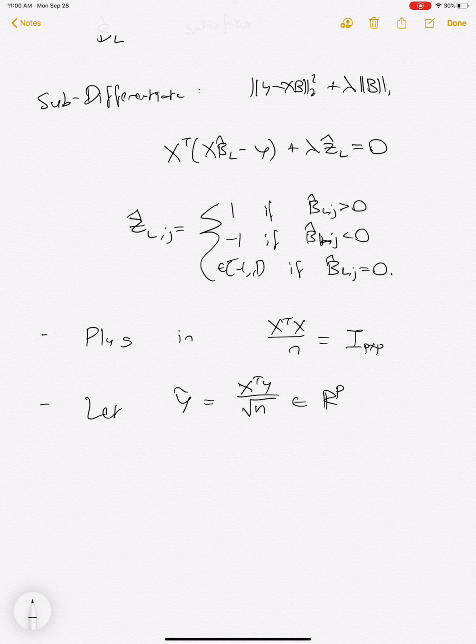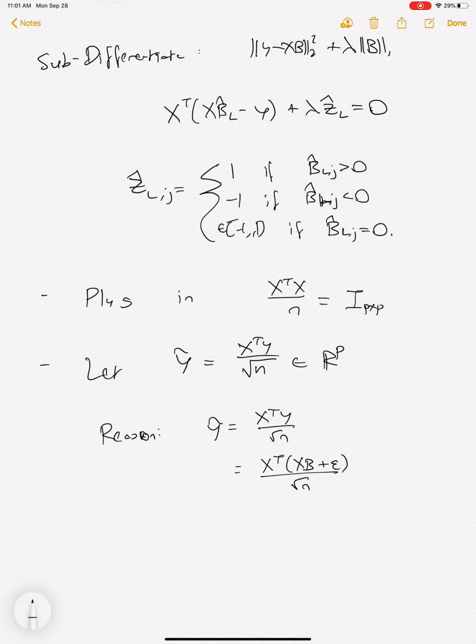So the reason why we're doing that is that y tilde equals x transpose y over square root of n, which equals x transpose (x b plus epsilon) over square root of n.